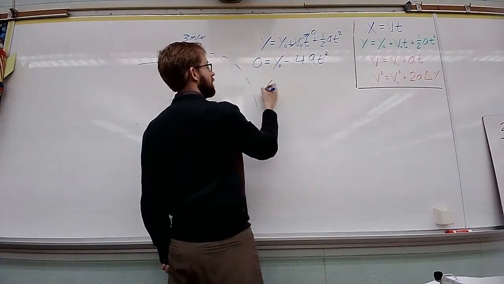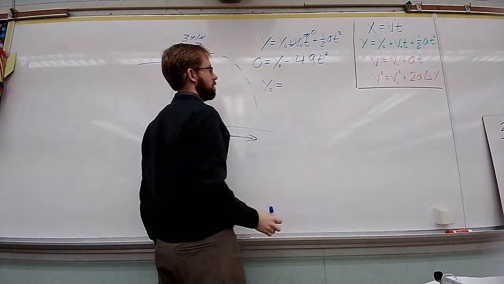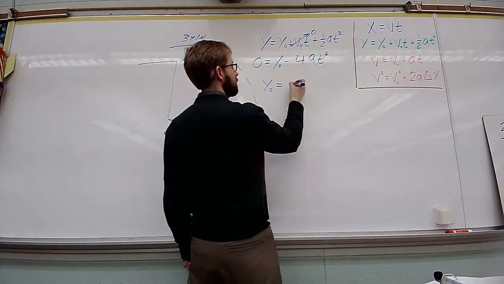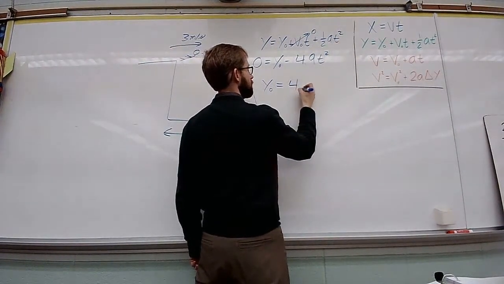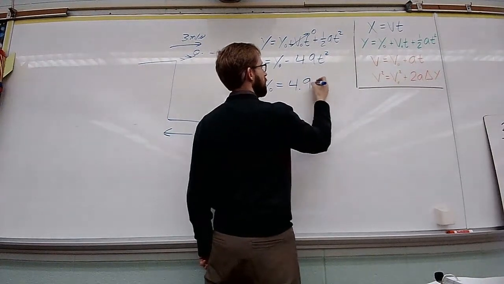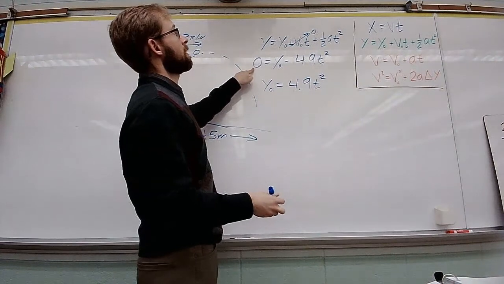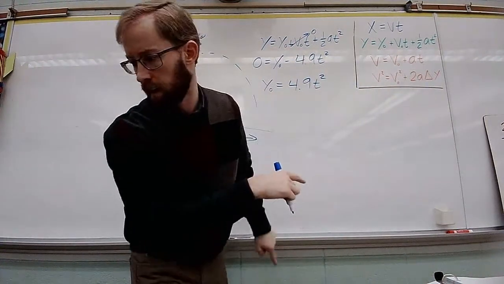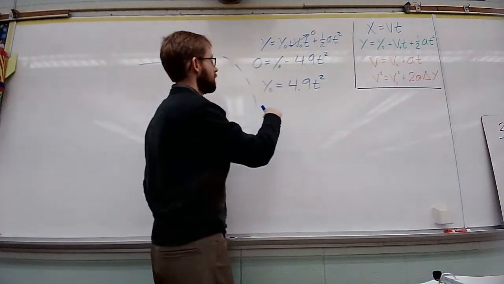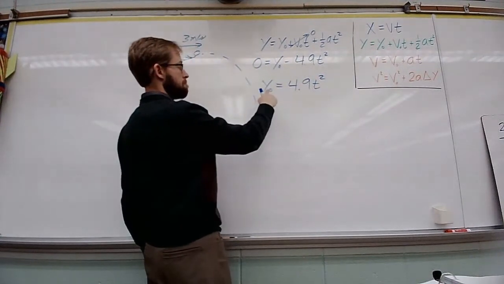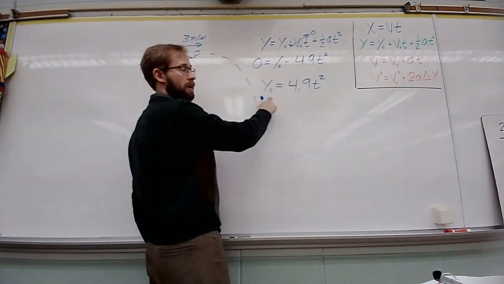So if I want to solve for the height, it's going to be 4.9 t squared, because if I move this over, that cancels out the negative when I shift this over. That's the first bell, that's not ours yet again. We've got 2 minutes.